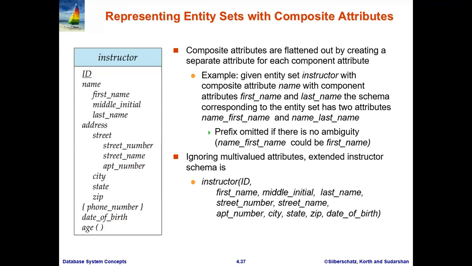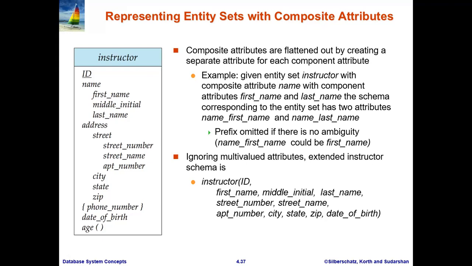Now, the prefix, that is name, can be omitted or removed if there is no ambiguity. It means such another composite attribute is not present, it is unique, it is only one. Then we can omit this prefix, that is name.